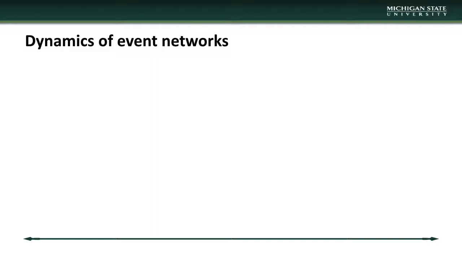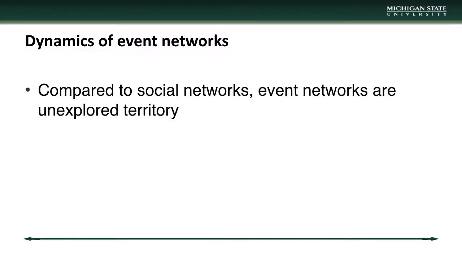As you may know, in the realm of social networks, there's a lot of interest in representing how, as ties form or dissolve between actors due to homophily or transitive closure, we get changes in network structure. Well, social networks have made a lot of progress, but event networks are completely unexplored territory. We're really just beginning to think about how to represent the patterns of action and their changes over time.